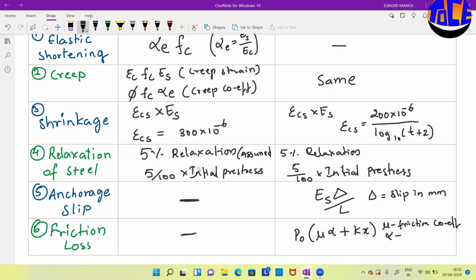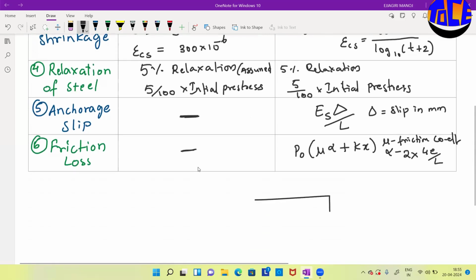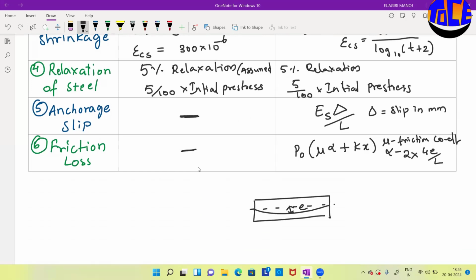You can calculate it as 2 times 4e divided by L. Here e is the dip, that is, how much tendon curvature is provided. Suppose this is a beam and this is the tendon profile, so this will be your e, and this will be your length L.